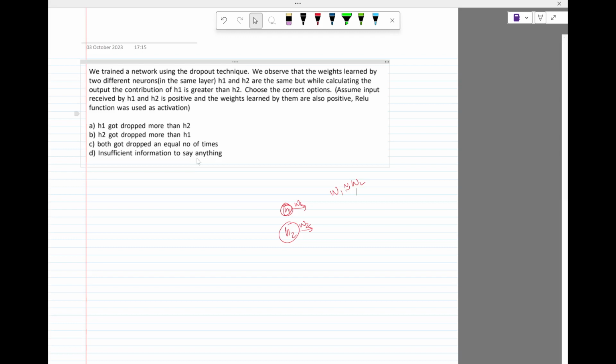So what can be the answer? The contribution of H1 is greater than H2 means the feature learned by H1 is more useful than the feature learned by H2, right?